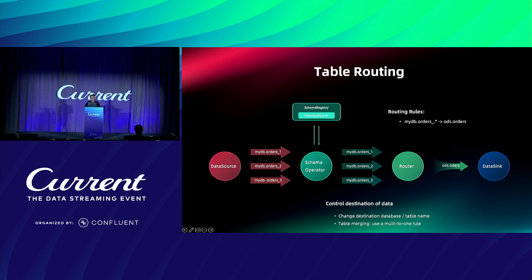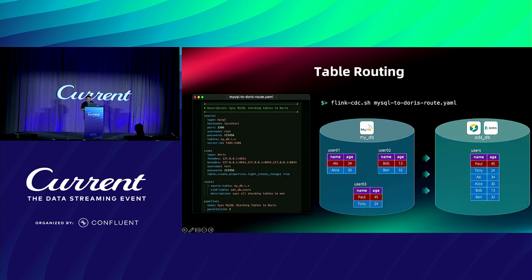The second use case is that some huge businesses may use sharded tables, but the user wants to merge all data from sharded tables or even sharded databases into one table in their warehouse. In this use case, we can use a routing rule to control the destination of the data.